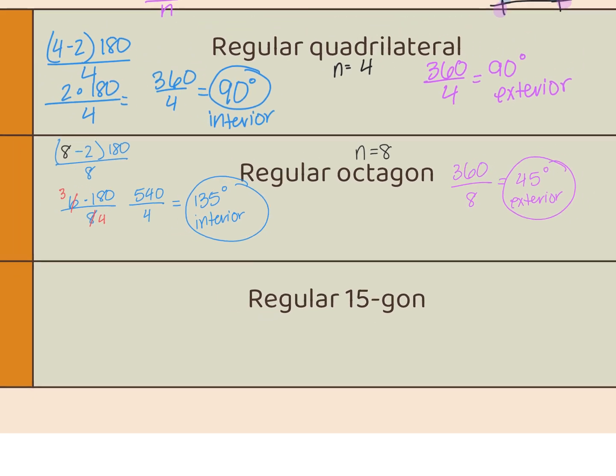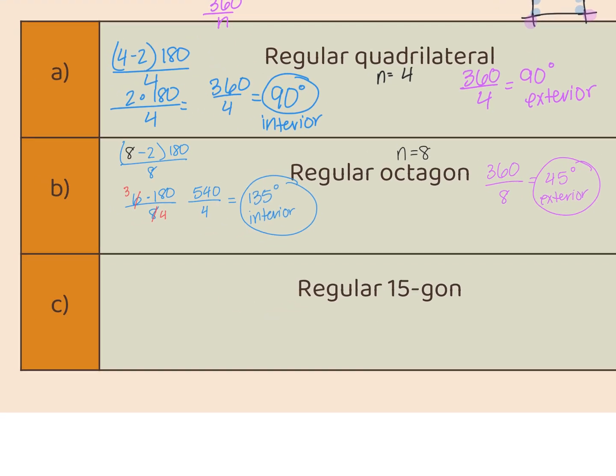And then the last one, they're telling me the number of sides is 15. Plugging it in, 15 minus 2 times 180 divided by 15. I'm going to do 13 times 180 over 15.